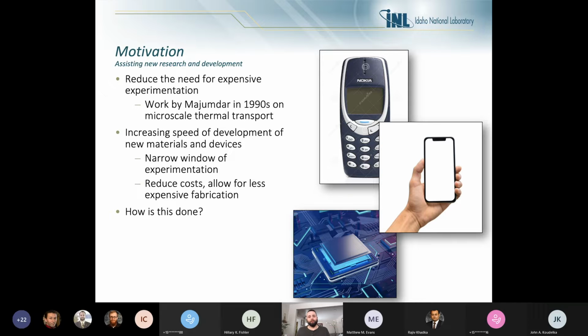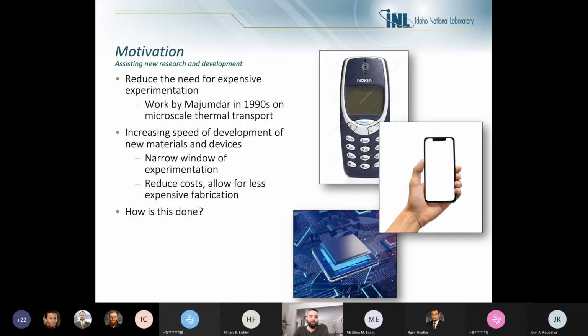What that means is, through modeling and simulation on computers, you can build some geometric object like a CPU, a microprocessor or some transmitter, and then run a simulation with some temperature gradient applied, and you can figure out, based on your simulations, how to narrow the scale of your experimentation needs. And by doing this, you can increase the speed of development of these new materials and devices.